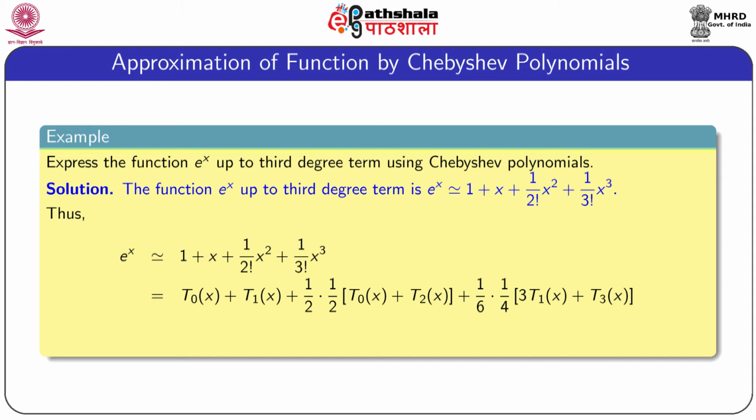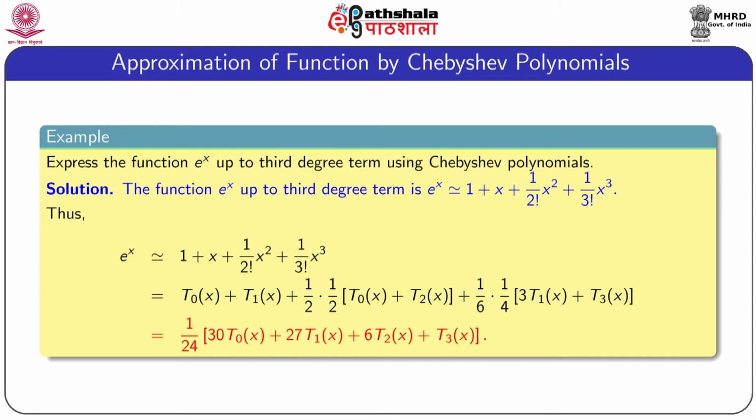Now, e to the power x can be expressed in terms of Chebyshev polynomials, because 1 can be written as T0(x), x is replaced by T1(x), and 1 by factorial 2 remains unchanged, but x square is replaced by half into T0(x) plus T2(x), 1 by factorial 3 means 1 by 6, and x cube is replaced by 1 by 4 into 3 T1(x) plus T3(x).